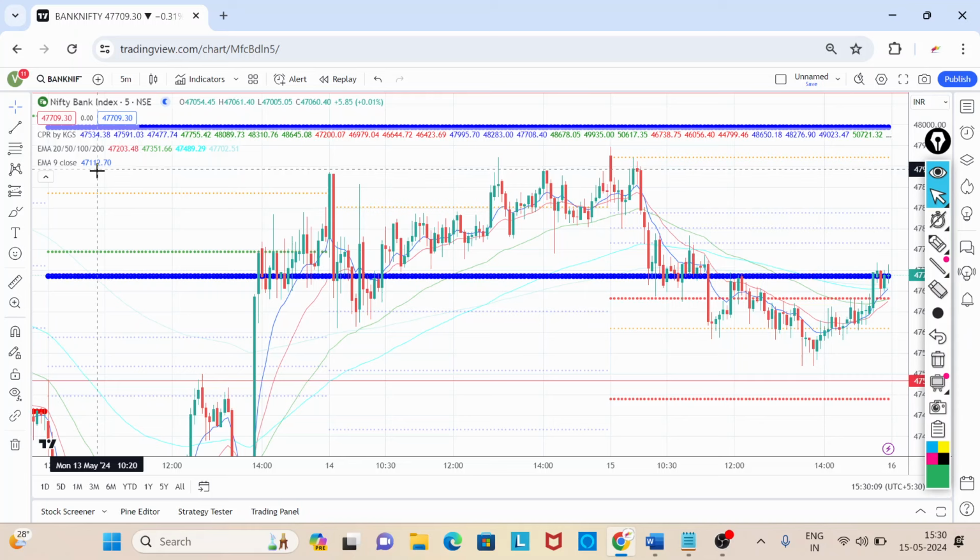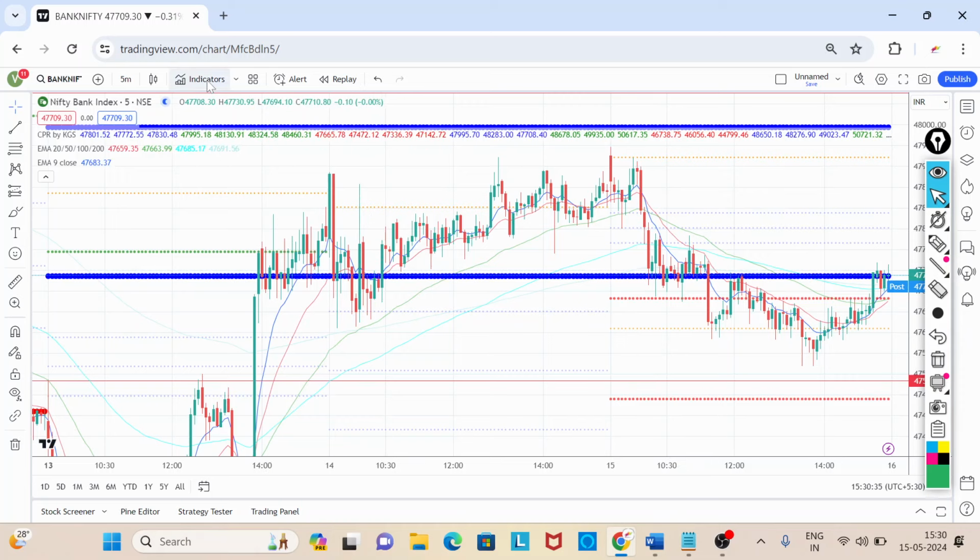Right now I have removed the 5 EMA. As per the colors, this blue one is 9 EMA, the red one is 20 EMA, green is 50 EMA, this color is 100 EMA, and the light blue one is 200 EMA.